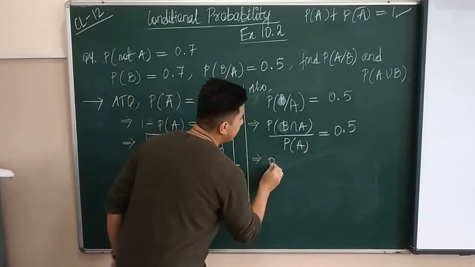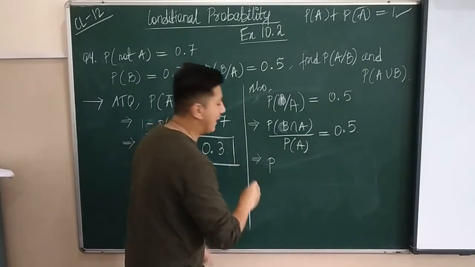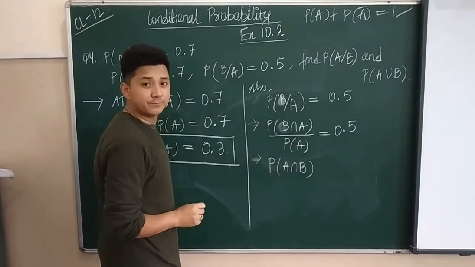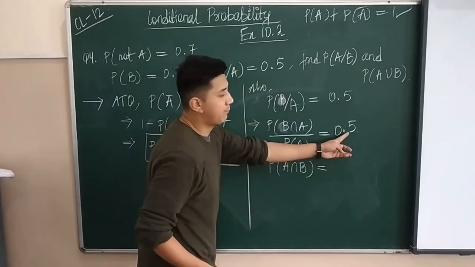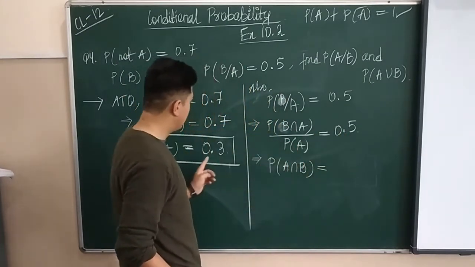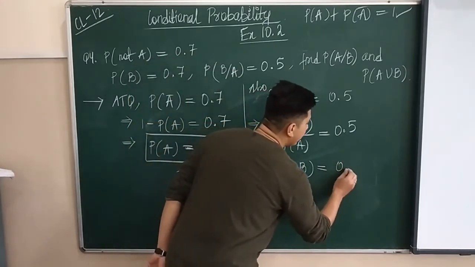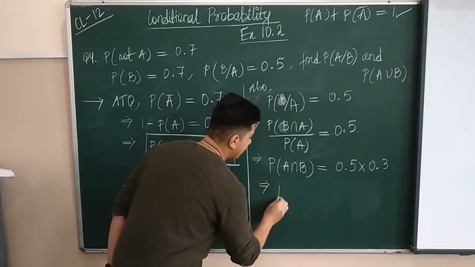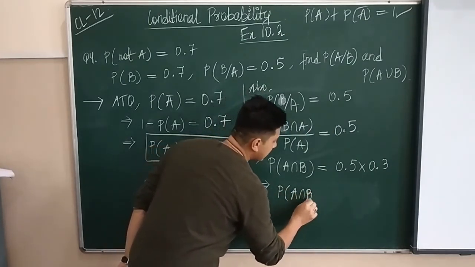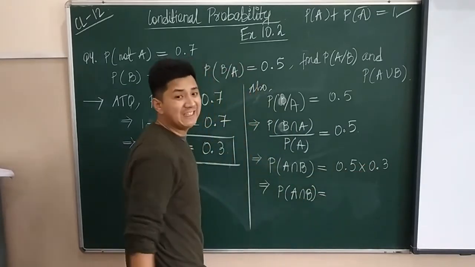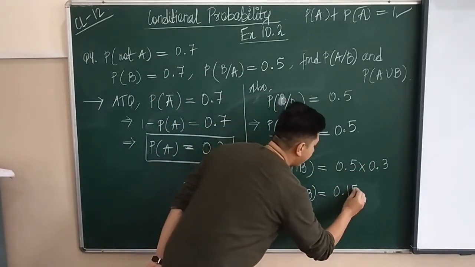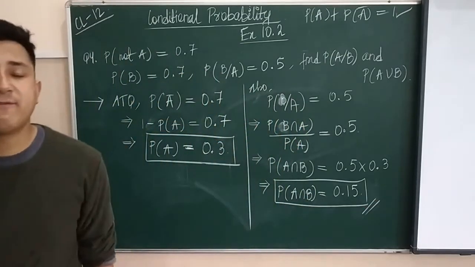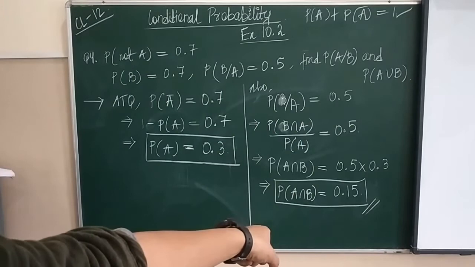B intersection A is the same as A intersection B, which equals 0.5 into 0.3. 5 3s are 15, so 0.15 is the value for probability of A intersection B.